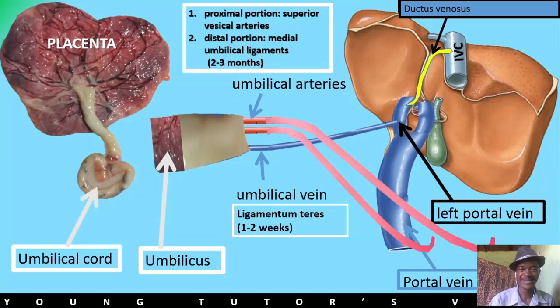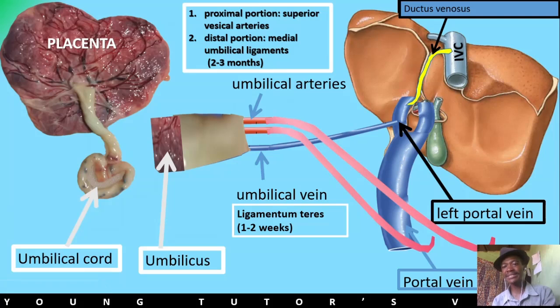So what we have again here is the ductus venosus. The ductus venosus is no longer receiving blood from the umbilical vein. So blood flow has changed. Now the portal vein is the one that is supplying the common portal vein, this one. So blood that is flowing through the left portal vein will be mainly from the common portal vein.